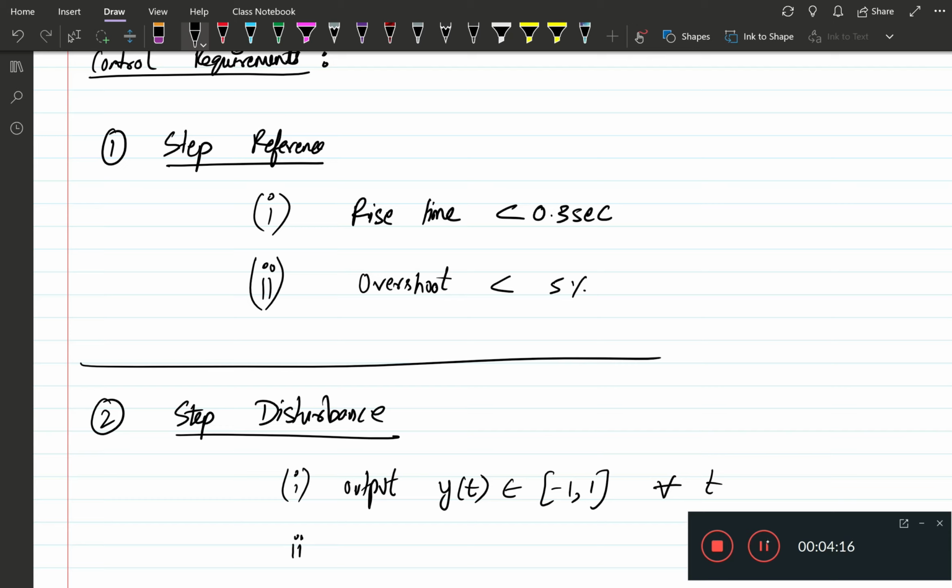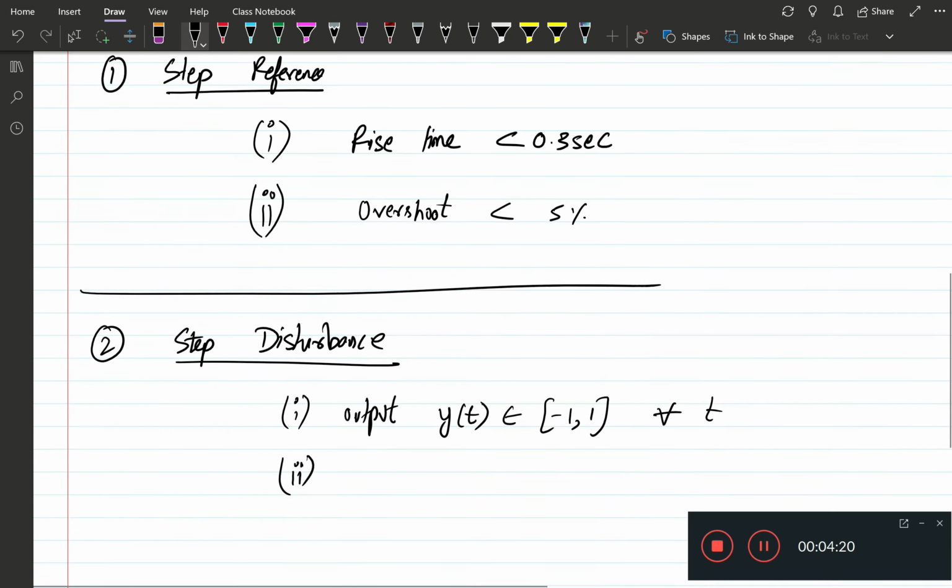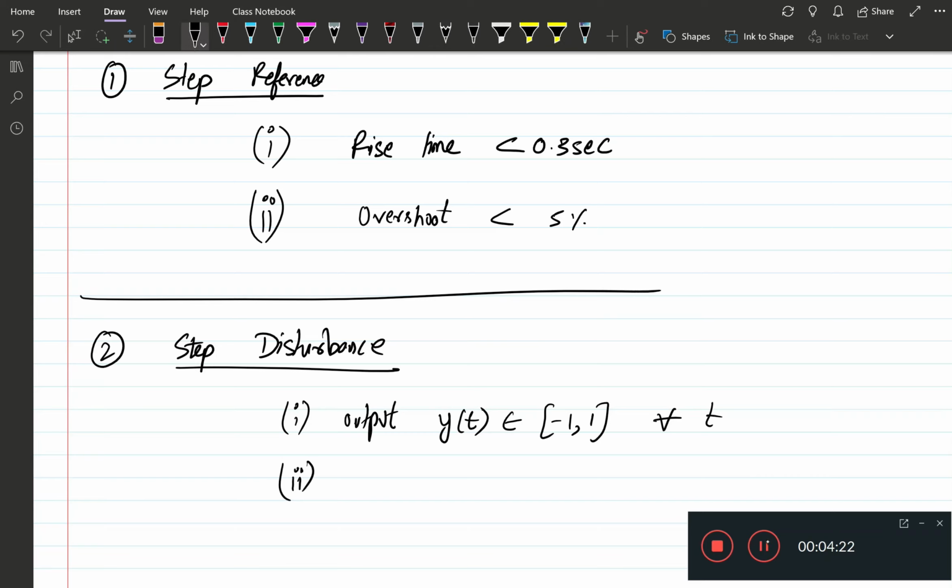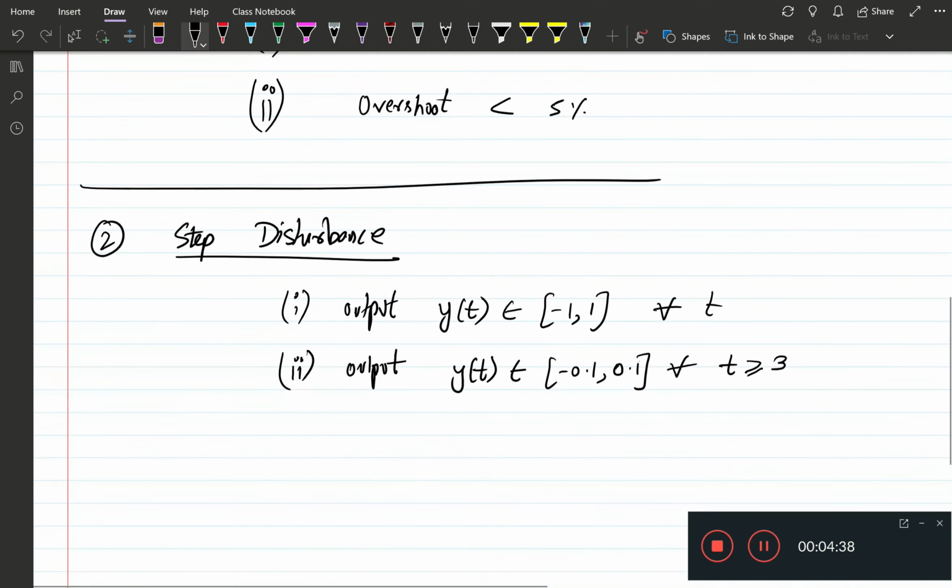And then the second requirement is the settling time requirement. So the output Y of t must be between -0.1 to 0.1 for all times greater than 3. So this is the settling time requirement.